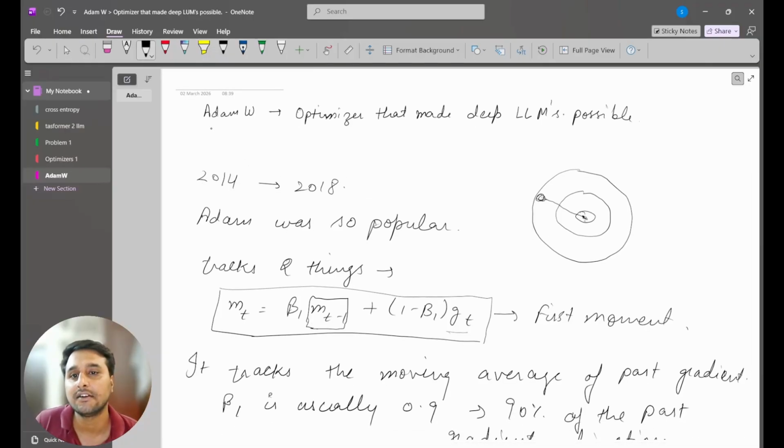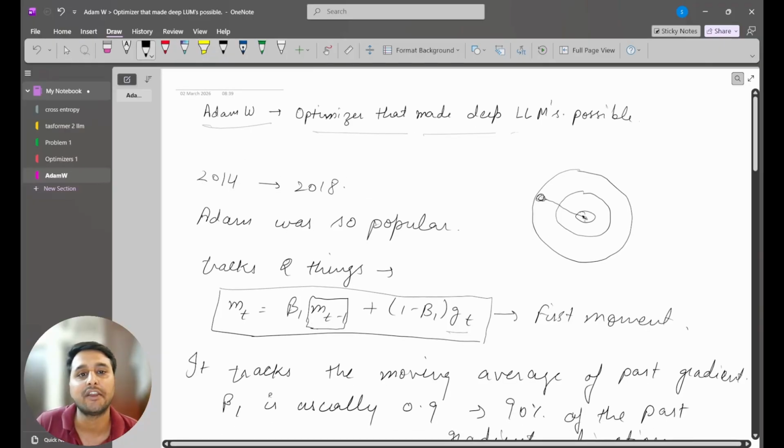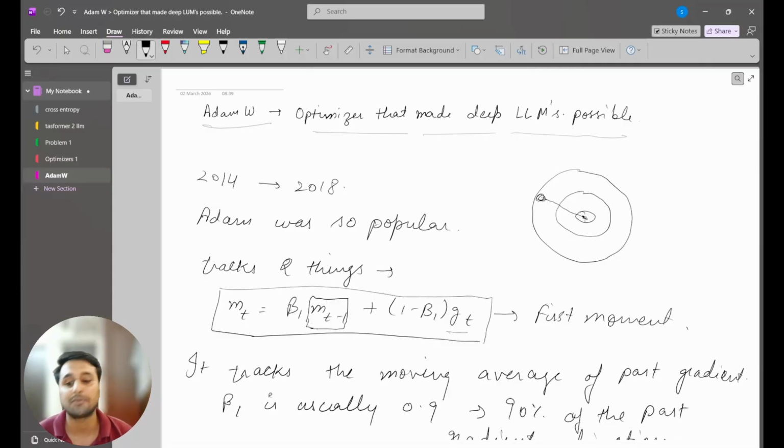That is the first statement of today's video: this is the optimizer that made deep LLMs possible. In summary, AdamW gives you Adam's speed and adaptability plus proper regularization through decoupled weight decay. It trains fast, it stays disciplined. That combination is why deep transformers work.